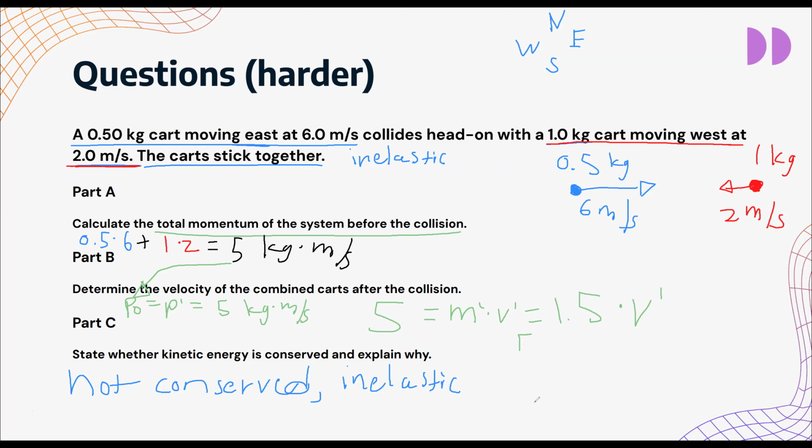So overall, our equation looks like this: 5 equals 1.5 times v prime. Solving for v prime, v prime is equal to 5 divided by 1.5. Let me check what that is. 5 divided by 1.5 is going to give us 3.33 repeating meters per second.